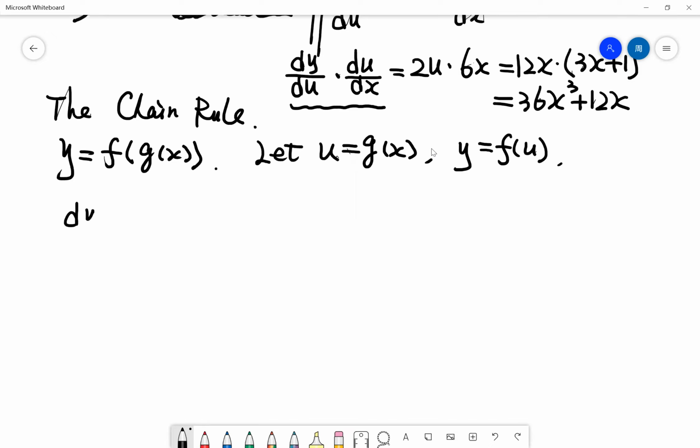So dy by dx here, we calculate the derivative from the outside to the inside.